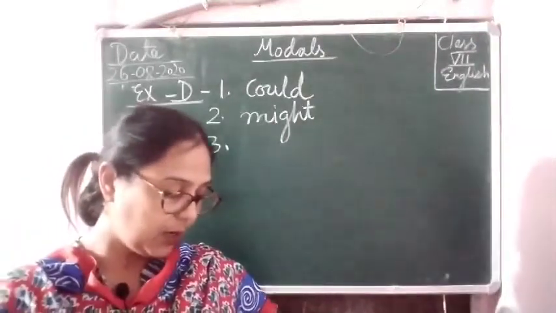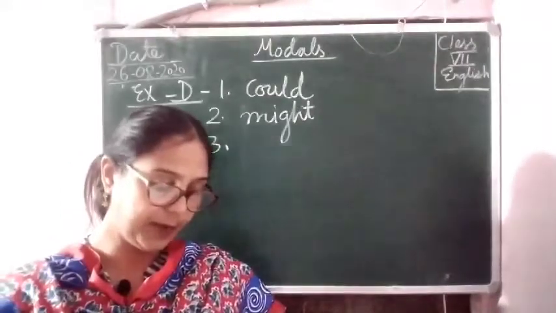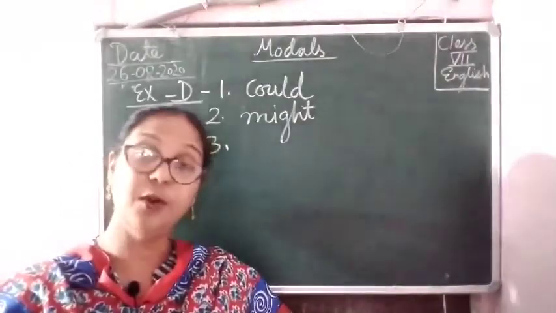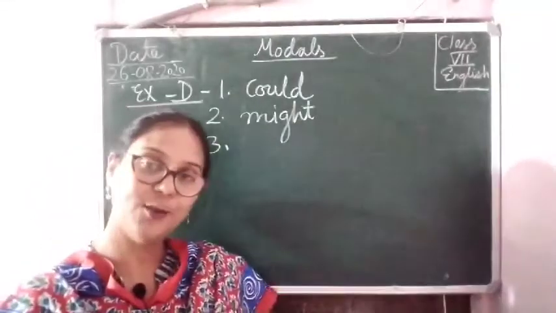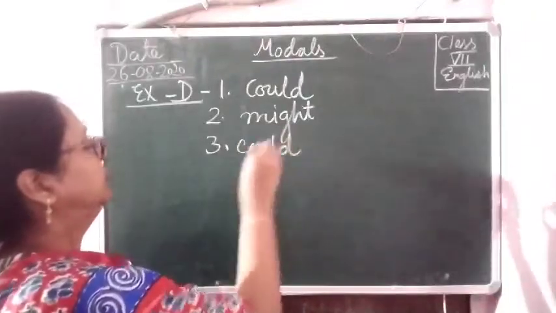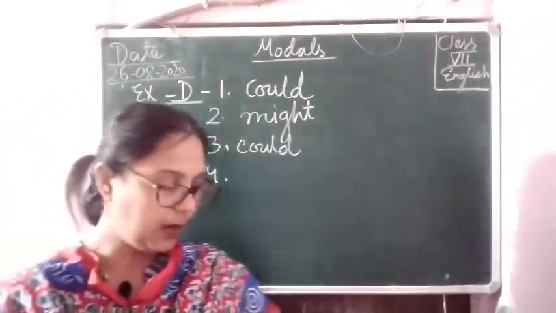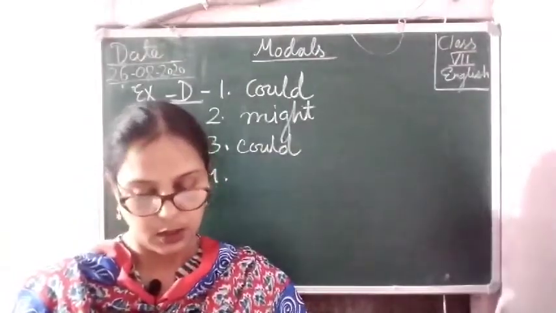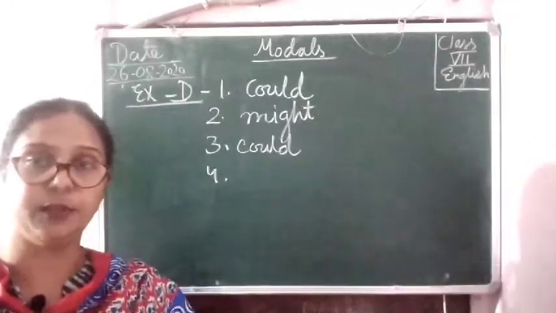Now three: If you call him, he dash attend the function. A very weak possibility. Now here we have to use could. If you call him, he could attend the function. So here we have to show the weak possibility.